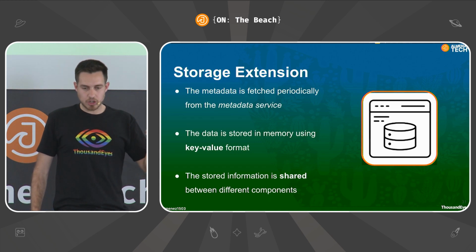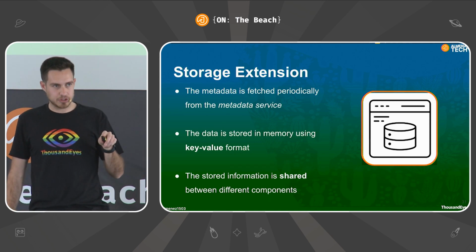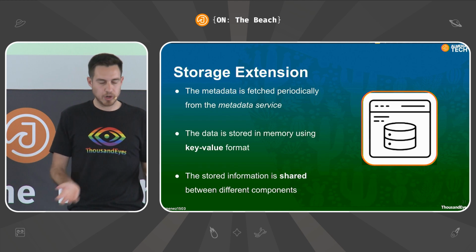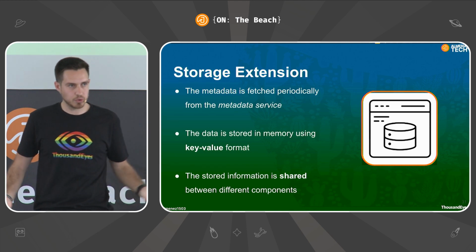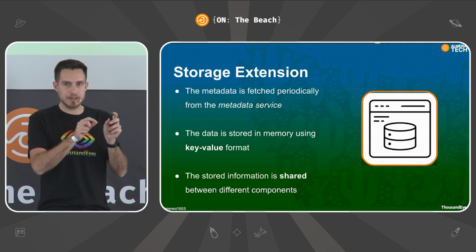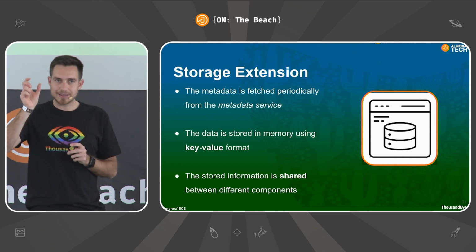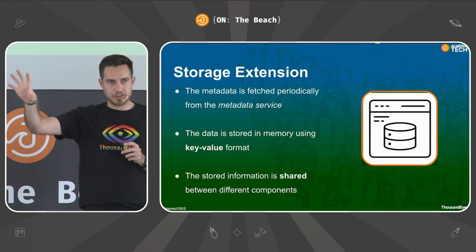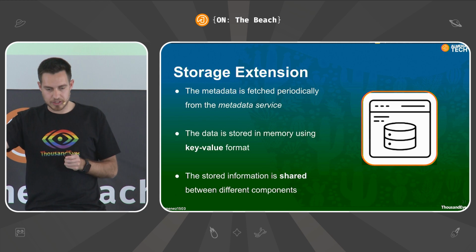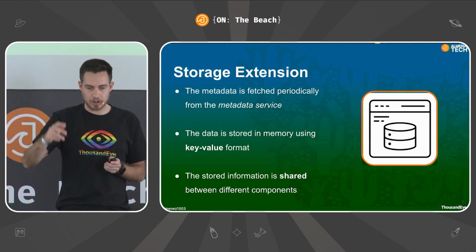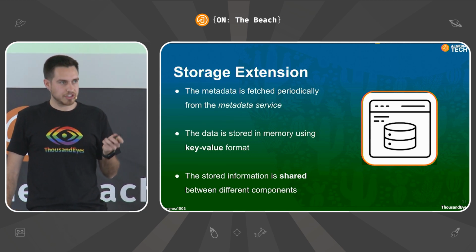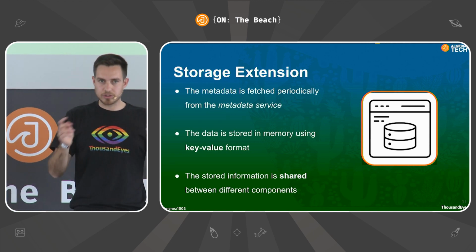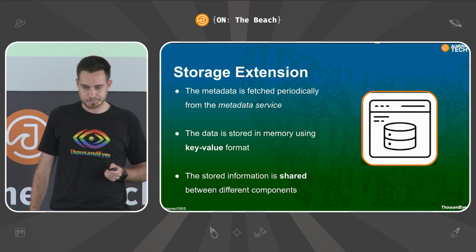The way we are going to solve it is using a storage extension, which is going to query the metadata service periodically to get that data and save it in a key-value format, which means, for example, test ID and the object of the test, agent ID and the object of the agent. That storage extension is shared through all our components in our collector.